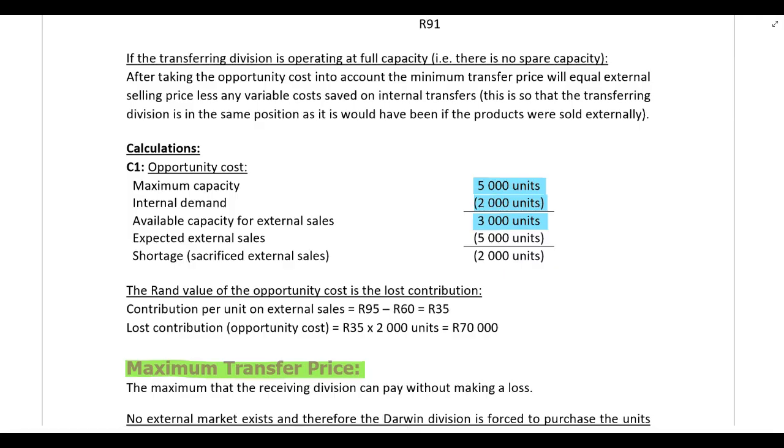So we can see there, they want to sell 5,000 units externally. However, there's a shortage. If they transfer 2,000 units to the Darwin division, they will not be able to sell 5,000 units externally. They will only be able to sell 3,000 units externally. So they are giving up, or they are sacrificing, 2,000 units of their external sales.